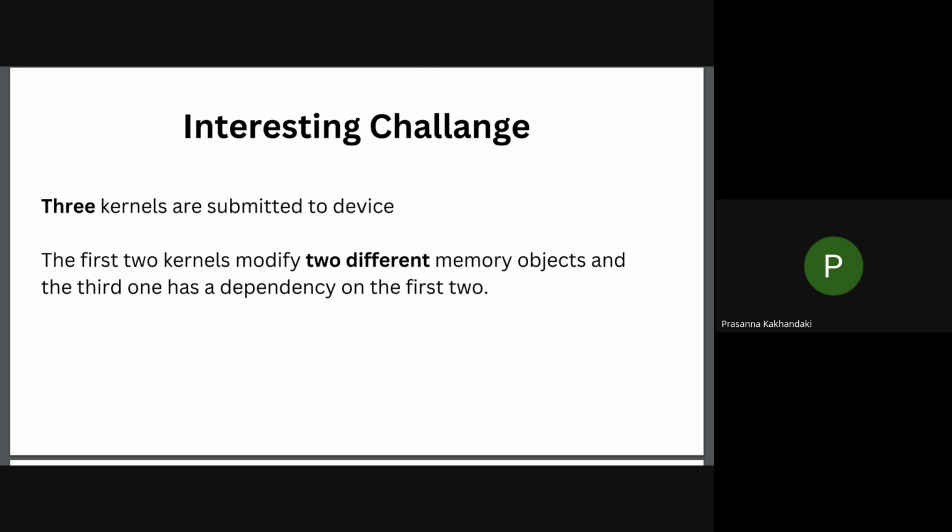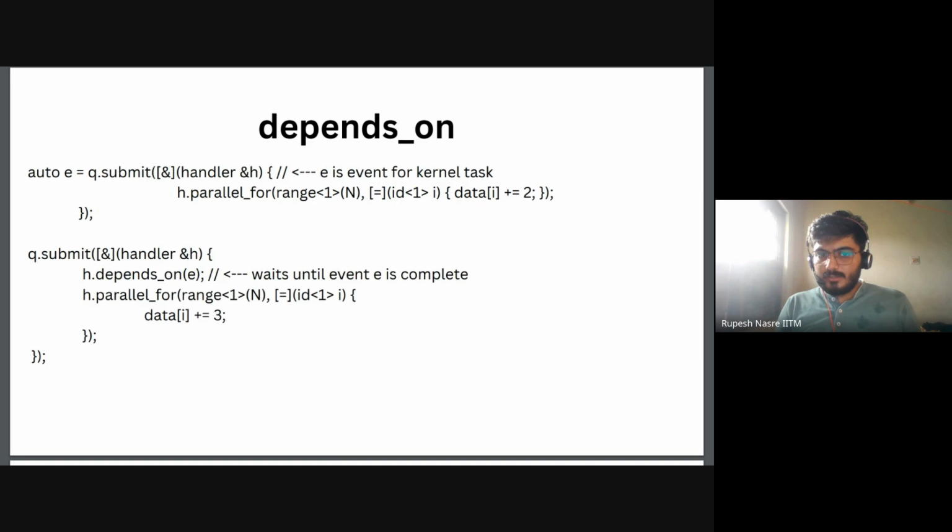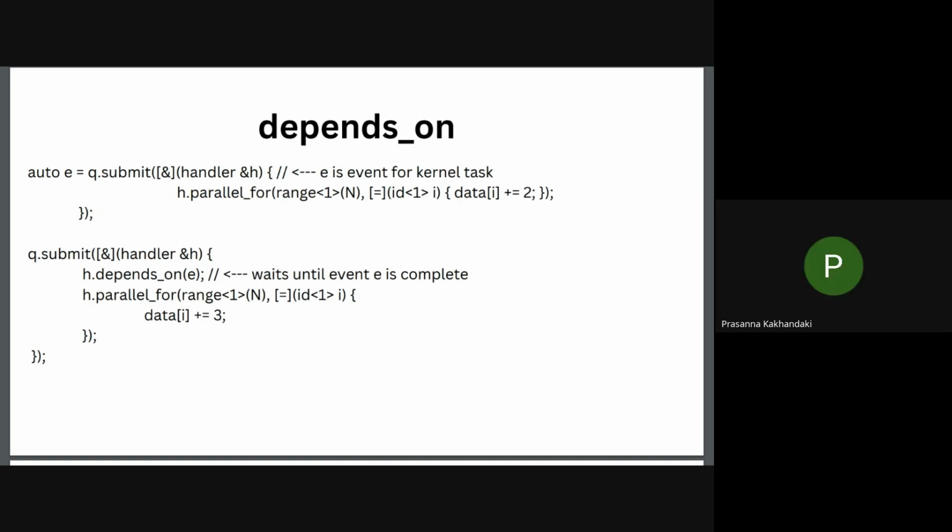If you go back to the previous slide, the depends on. Yes, I think it's the user's headache to enqueue all the commands in the queue in the correct order. So what is the developer's job? I'm still not understanding the depends on part.